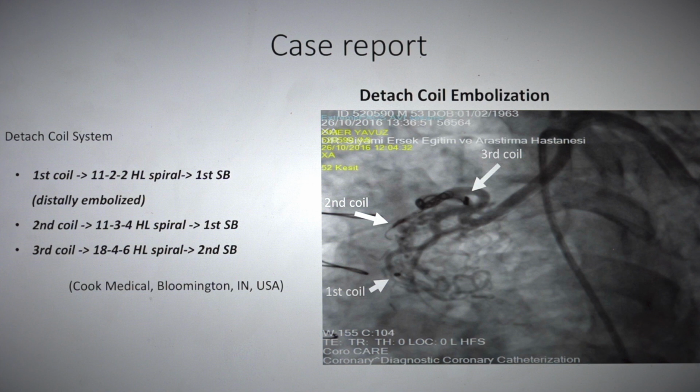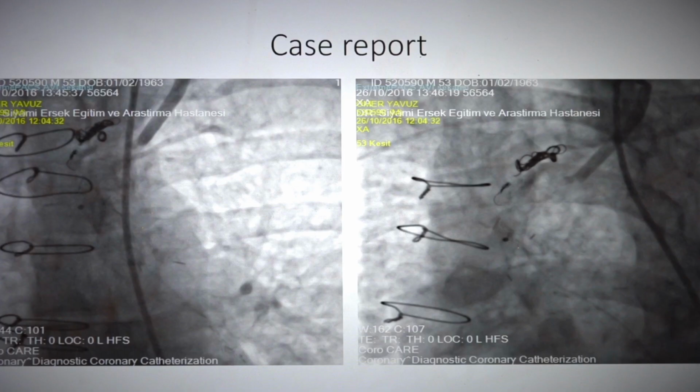So during the procedure, we changed our strategy and deployed another 3 larger coils to the main branch of the fistula. At the end of the procedure, after waiting a few minutes, we confirmed that the fistula was occluded and all blood flow was blocked, and we ended the procedure without any complication.